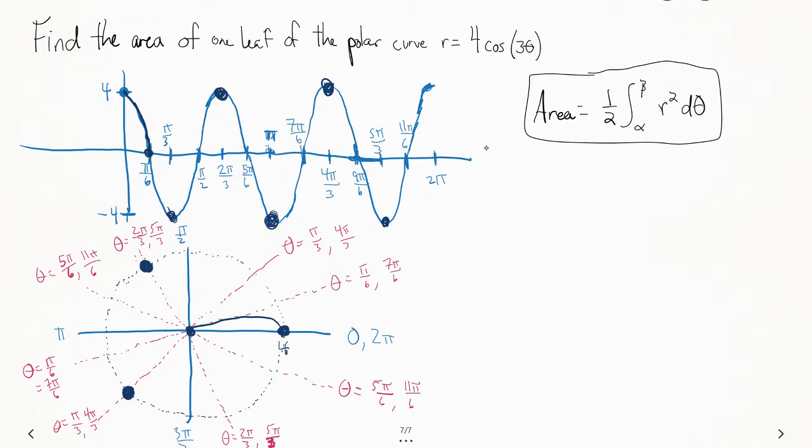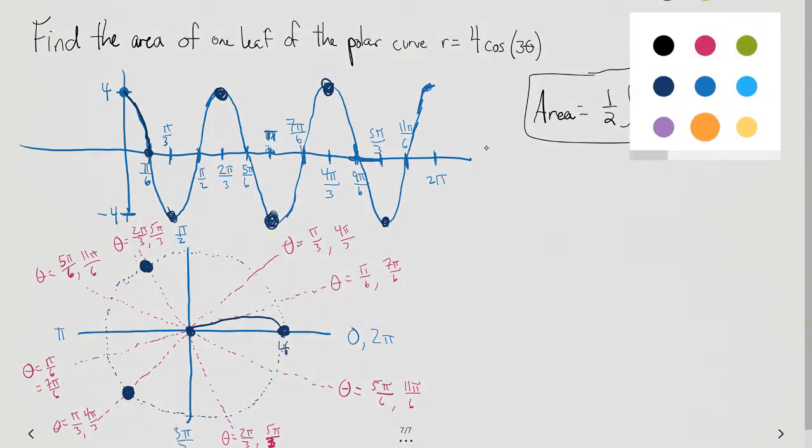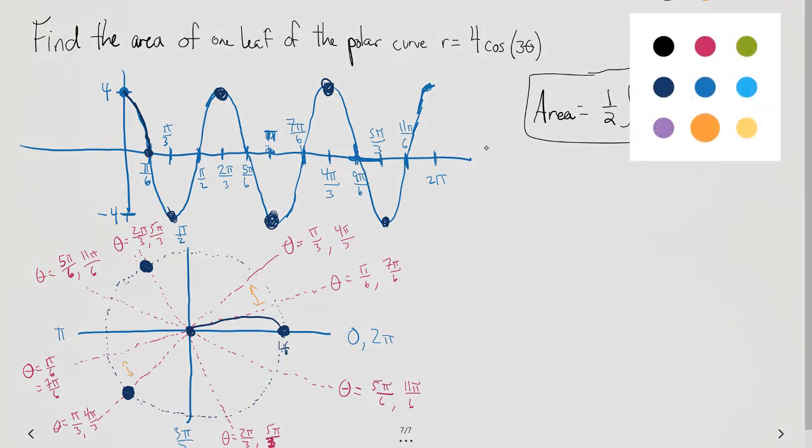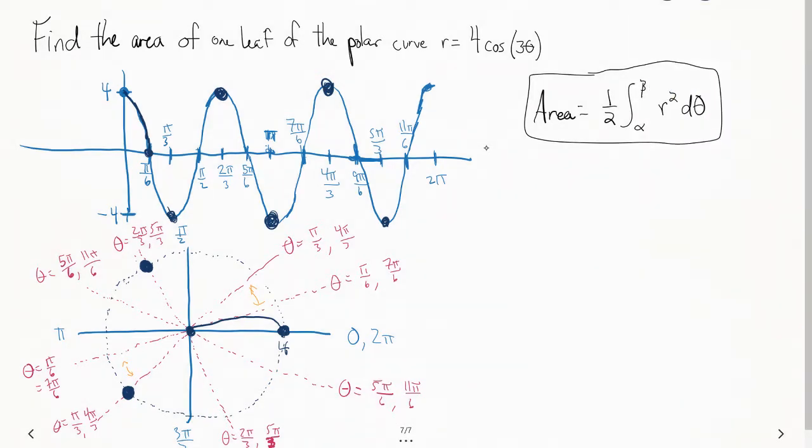Okay, so now where do we go? Well, from pi over 6 to pi over 3, let me mark that real quick in orange. When we're in this range right in here, I need to reflect over to this quadrant. So we're going to go all the way back to when we hit pi over 3, we're going to be at this 4 on this side.